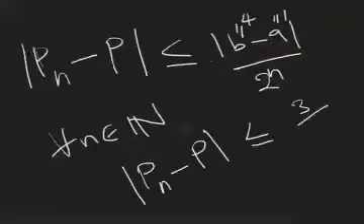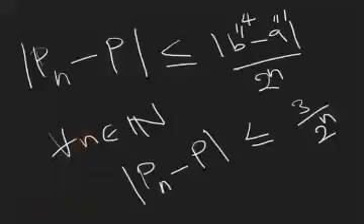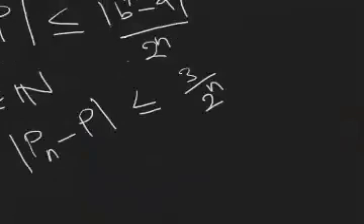So what is the accuracy? The accuracy is 10 to the minus 3. So we want to find the minimum number, or a bound, for the number of iterations. So this must be less than or equal to 10 to the minus 3, right?